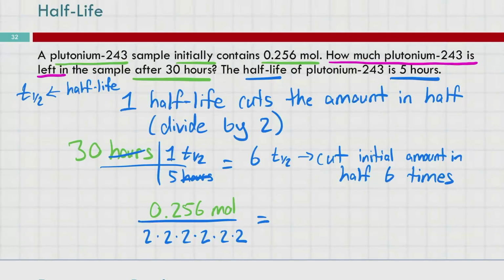The fastest way to do this on your calculator would be 0.256 over 2 raised to the 6th power. That's the fewest button presses. The 2 because we're cutting it in half, and the 6 because of 6 half-lives.